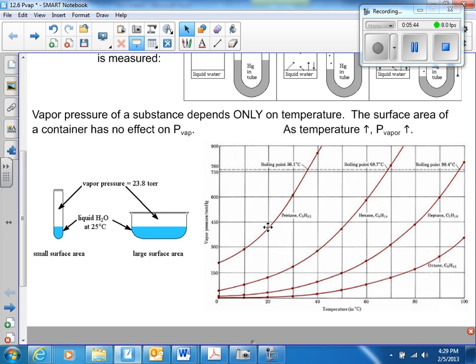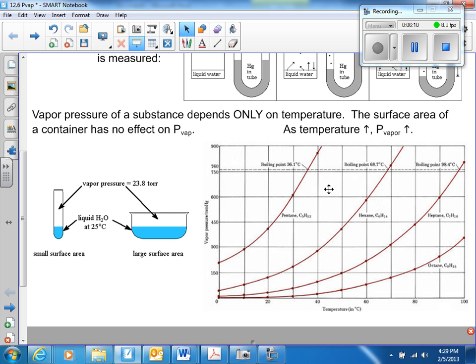Whereas pentane has a higher vapor pressure at the same temperature, almost 450 at 20 degrees Celsius, whereas hexane has a vapor pressure of only about 140 millimeters mercury at 20 degrees Celsius, because hexane has stronger London dispersion forces.